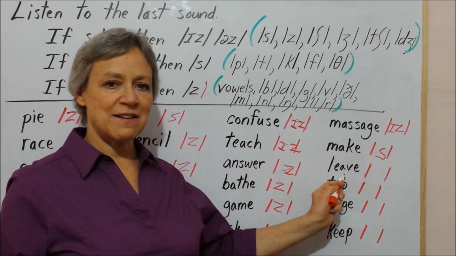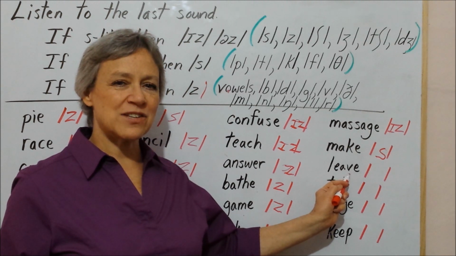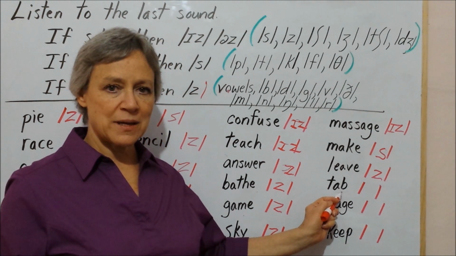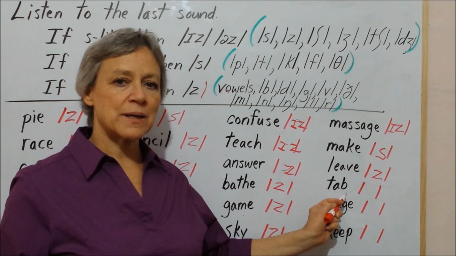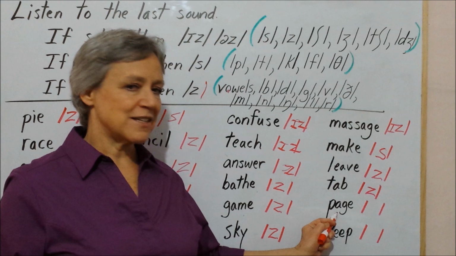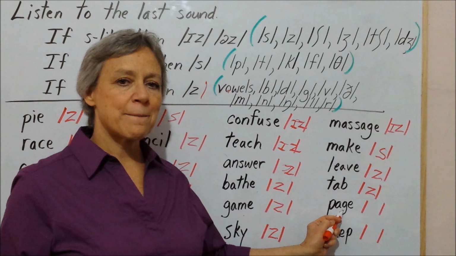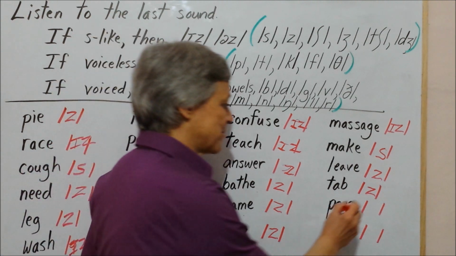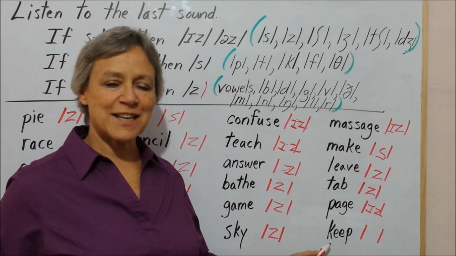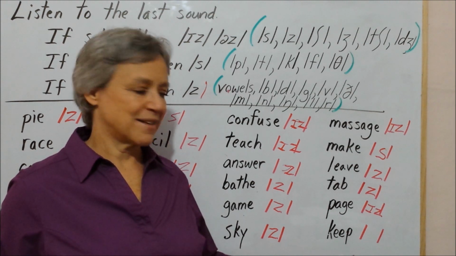This is leave. The last sound is v. Leaves. This is tab. The last sound is b. Tabs. This is page. The last sound is j. Pages. This is keep. The last sound is p. Keeps.